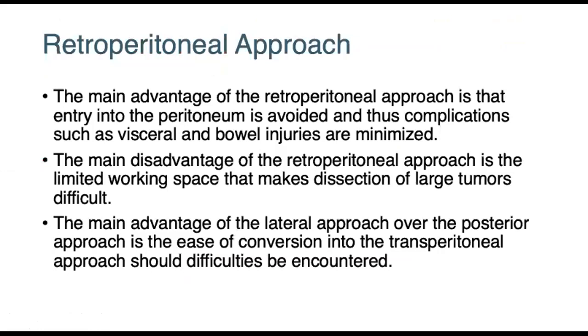The main advantage of this is that it avoids visceral complications and bowel injuries. In the absence of pneumoperitoneum, hemodynamic and respiratory morbidities are also reduced. The retroperitoneal adhesions from previous surgeries may also be avoided, as well as colonic injuries.